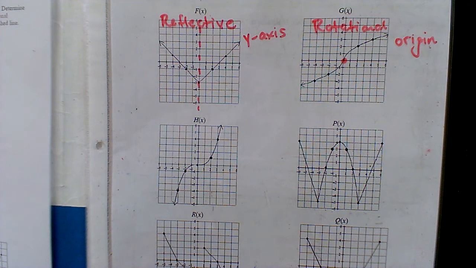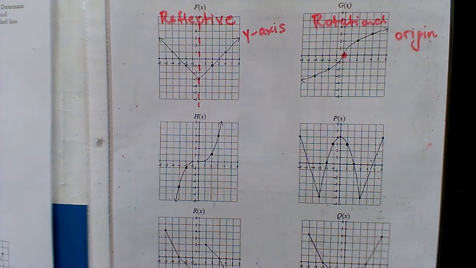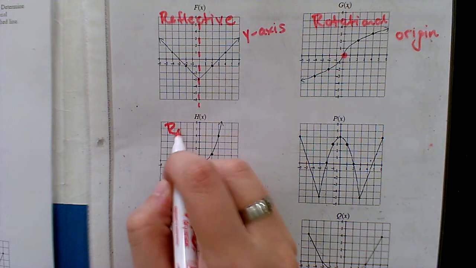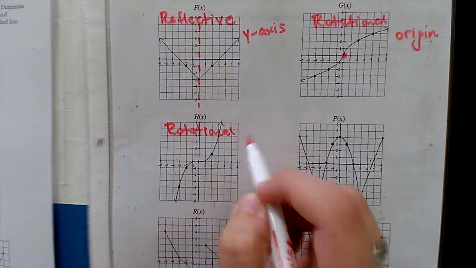Like if you were to put your finger there and press down and rotate the paper, it would produce the same graph. What about h of x? Can you rotate it or fold it? Yeah. Rotate. So there's another origin symmetry.